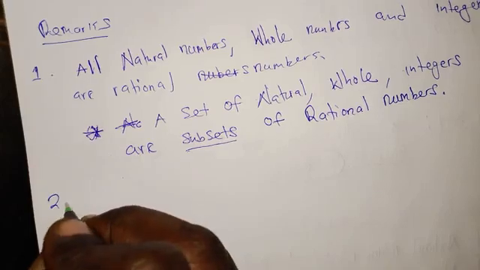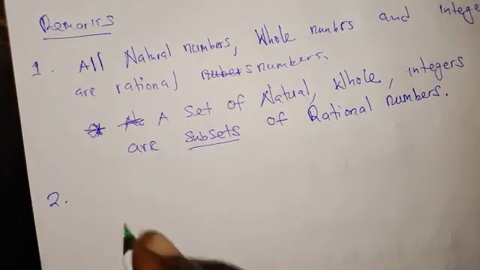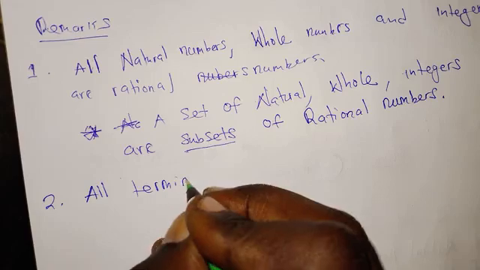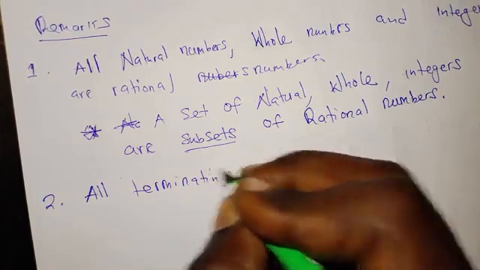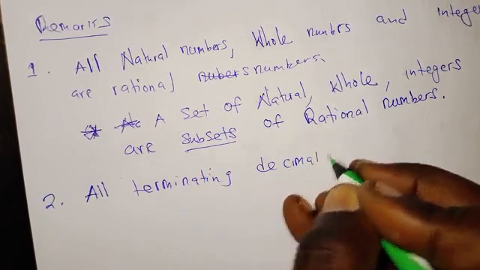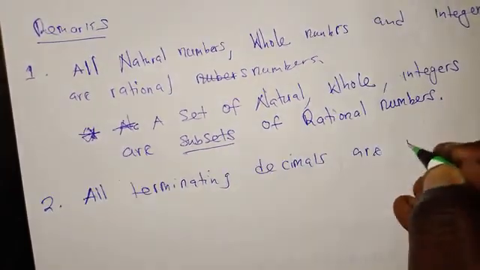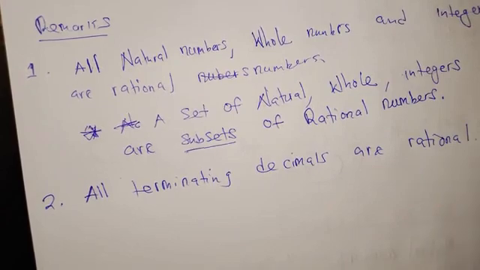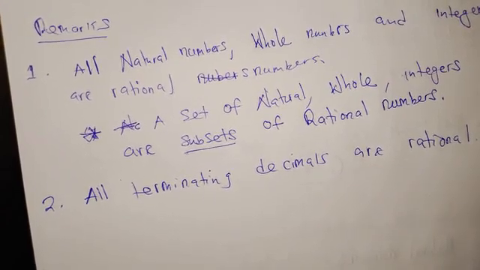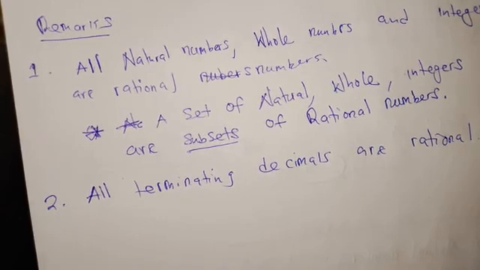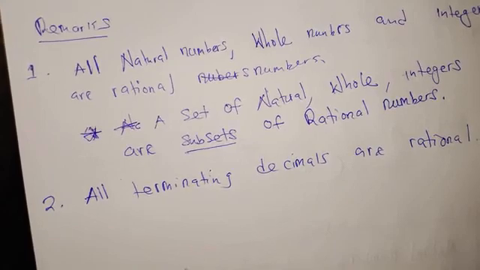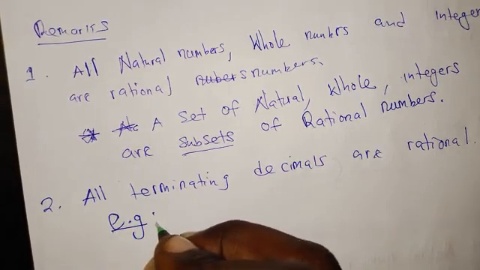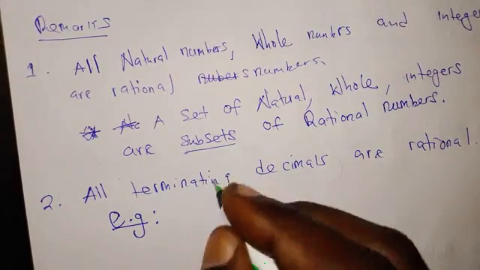The second remark we're supposed to understand here is that all terminating decimals are rational. What do we mean? An example we can give is something like 1.5.